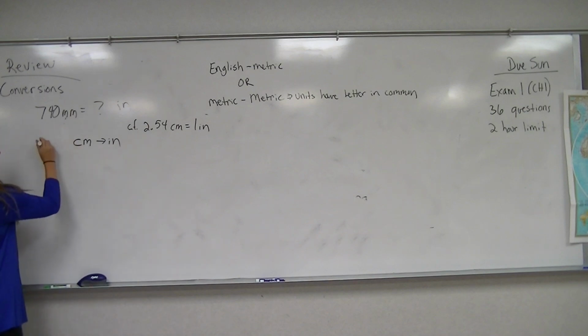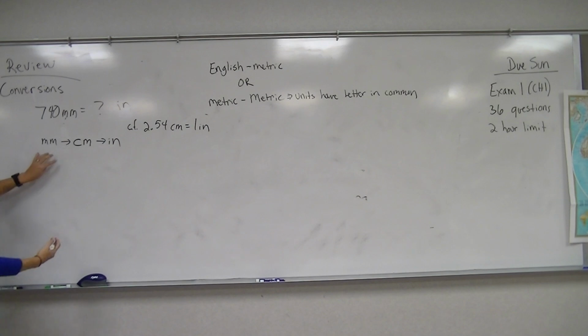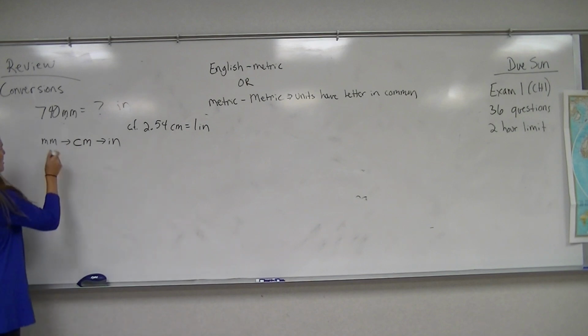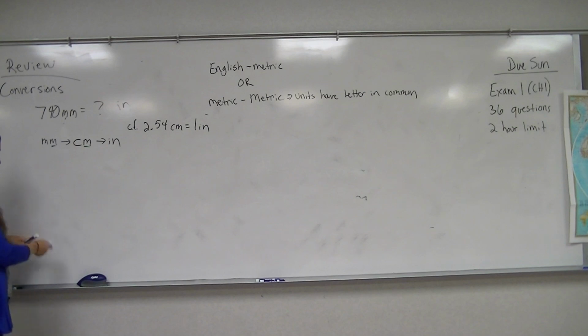If I want to get from millimeters to centimeters, what type of conversion is this? Well, looking at it, we've got the m's in common. Since we have that letter in common, we know it's metric to metric.